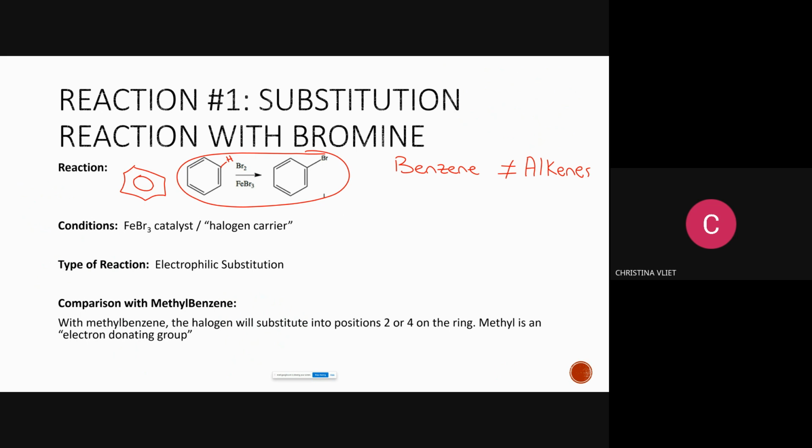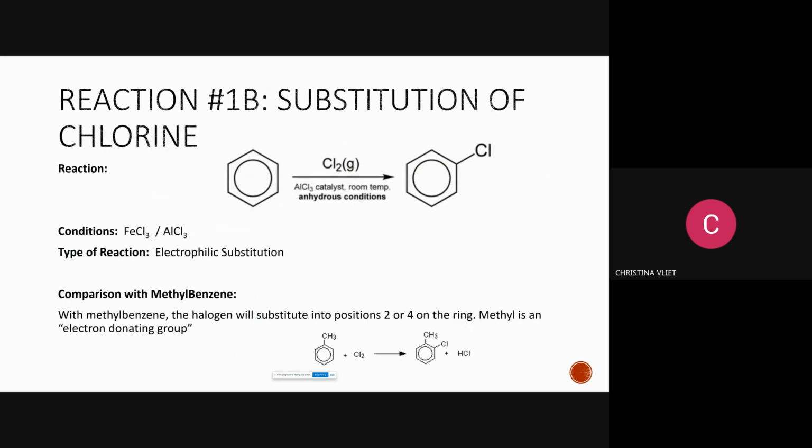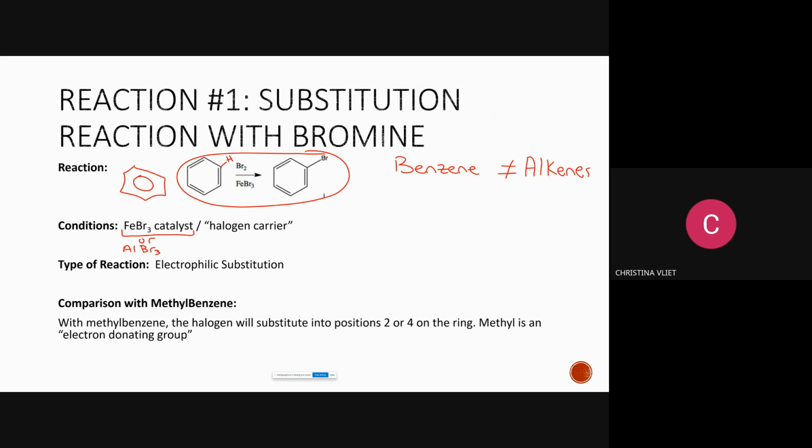What you need for this, there are specific conditions, is you need an FeBr3 catalyst or an AlBr3 catalyst. You can also do this reaction with chlorine instead of bromine. It's the same conditions. The type of reaction is called electrophilic substitution.